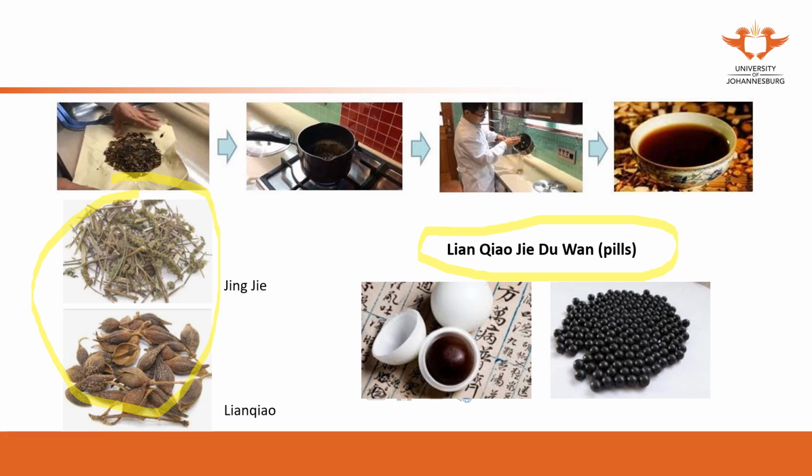Another reason is that we don't really know which one is active. Although we know that the essential oil from these two is very important, how about other ingredients? We have no idea. So this is still one of the most important processes of preparing herbal medicine.